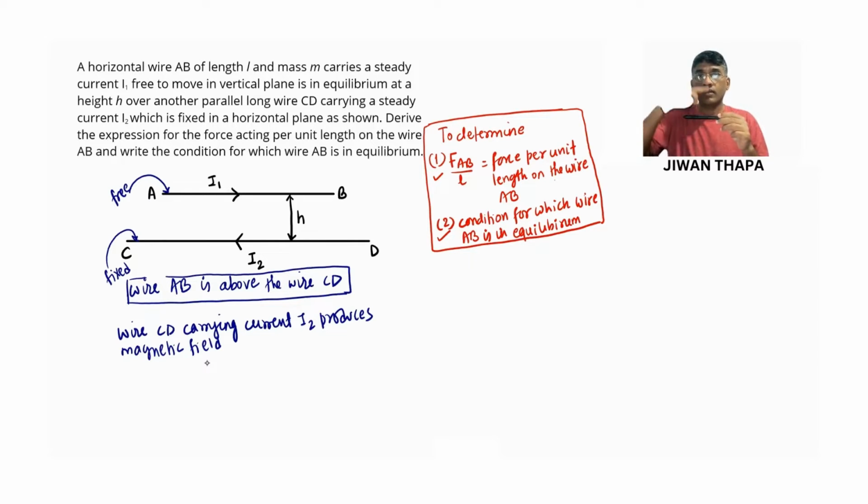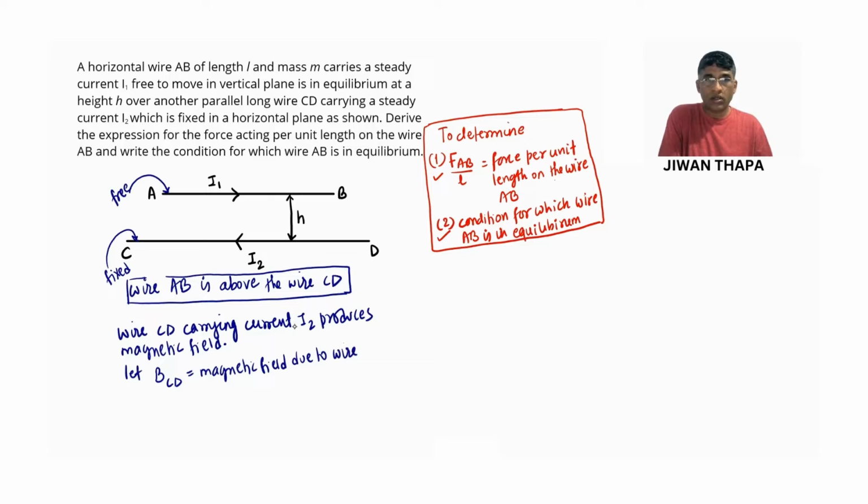So we need to find the magnetic field. I'm writing this in magnitude: this is the magnetic field due to wire CD carrying current I2.